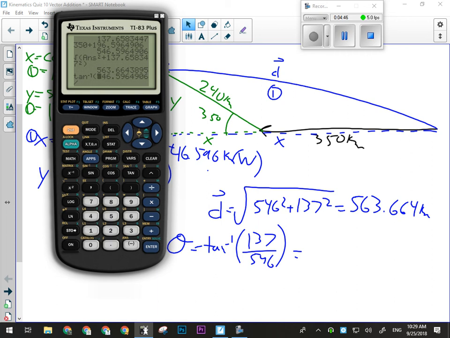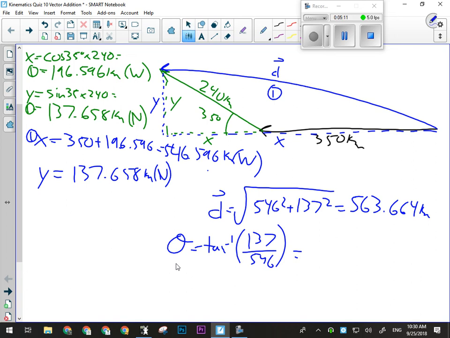Okay, sorry, 137.658347 divided by 546.5964906. Okay, so we got 14.13 or 14 degrees, 14.14 degrees, and then for me, that's going to be north of west.